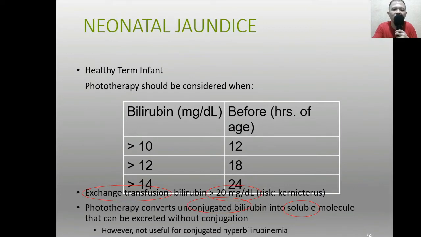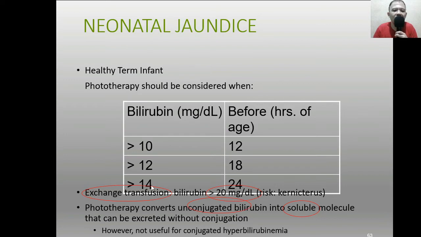In a healthy term infant, if you find levels of bilirubin above 10, you have to have the baby undergo phototherapy, because phototherapy converts the unconjugated bilirubin into a soluble form.